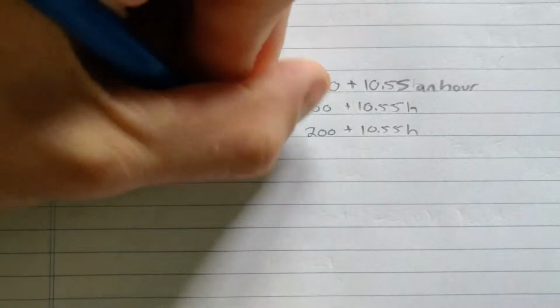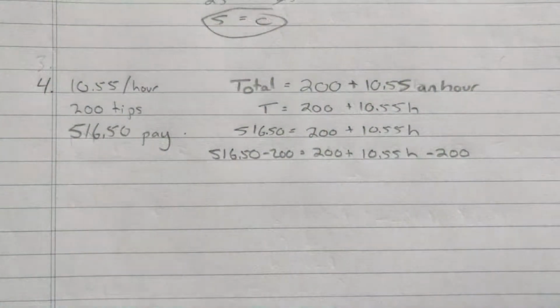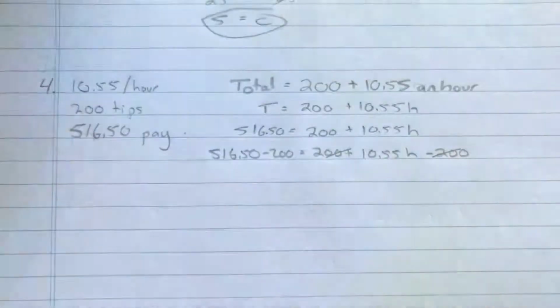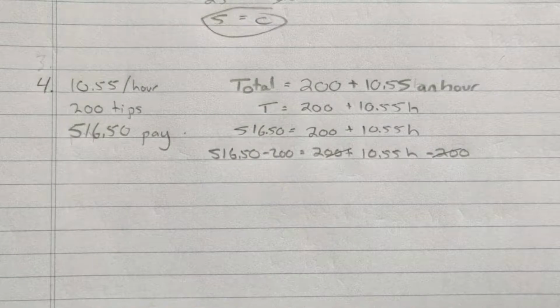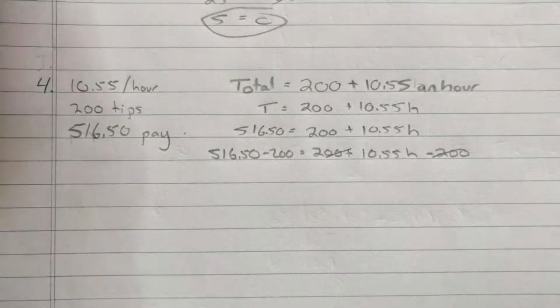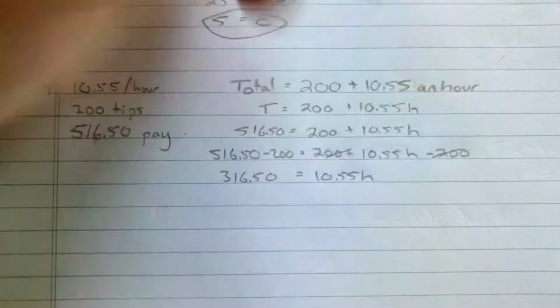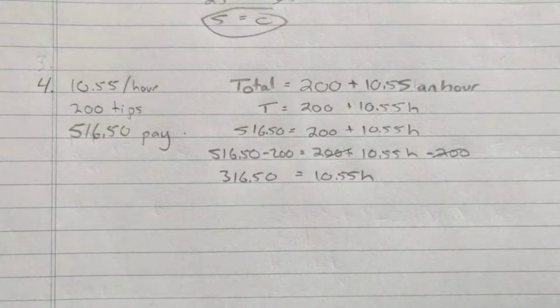So we have $516.50, and we're going to subtract 200 from this side as well. Subtracting it from both sides, these will cancel, and then we have $516.50 minus 200. That's going to give us $316.50. So that equals 10.55 h. 10.55 times h, opposite of times is divide.